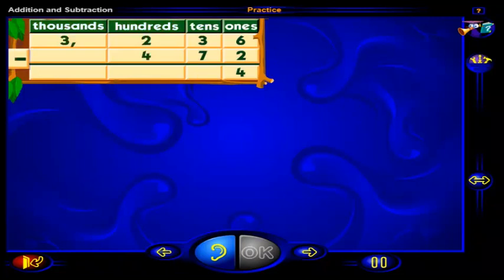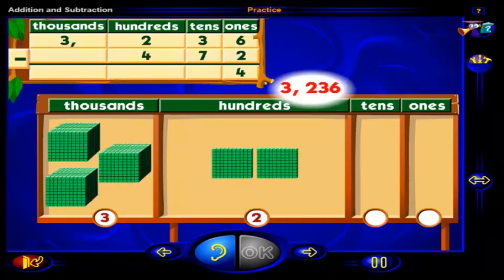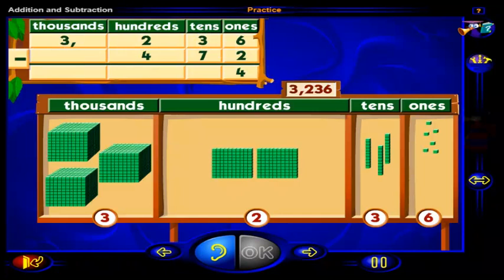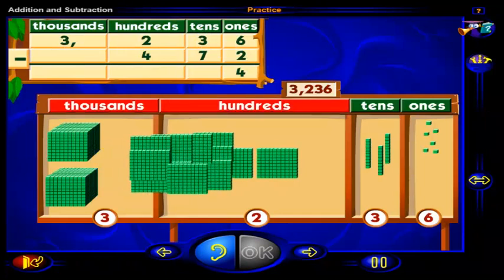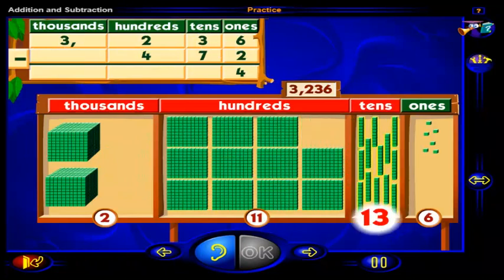To help us regroup, we can use blocks to show the number we're subtracting from, 3,236. 1,000 can be regrouped as 10 hundreds, giving us 12 hundreds, and 100 can be regrouped as 10 tens, giving us 13 tens.